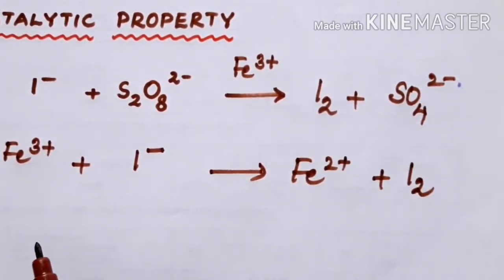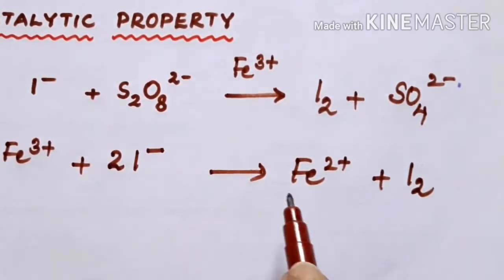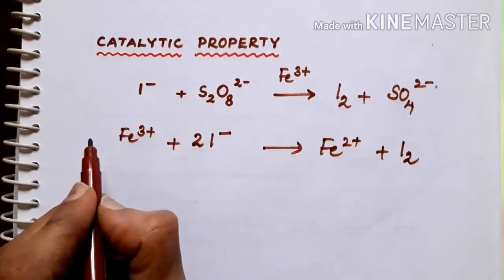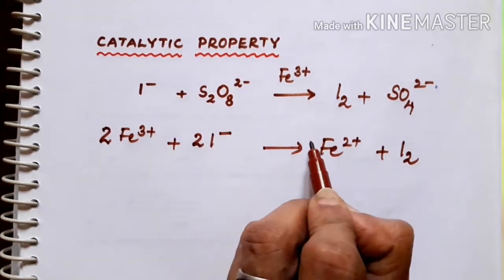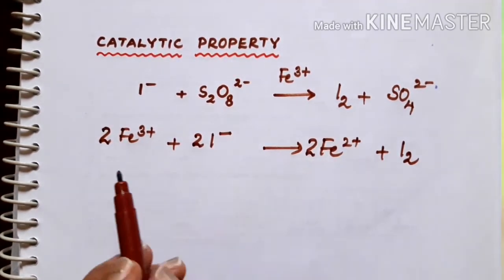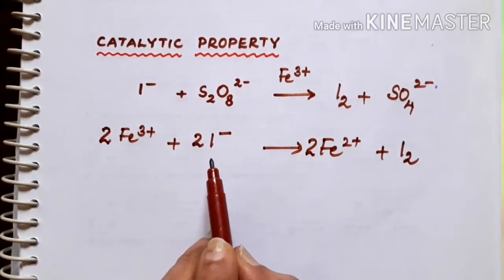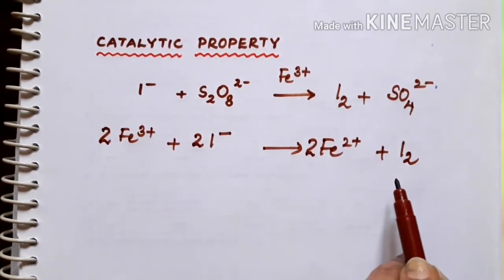On balancing, this will have 2 iodide, Fe, Fe. Now the charge has to be balanced, so I give 2 Fe3+ here. So 2 Fe2+ is given, so the total charge will be +6 and -2, so that will be +4. Here also it is +4. So this is the balanced equation.